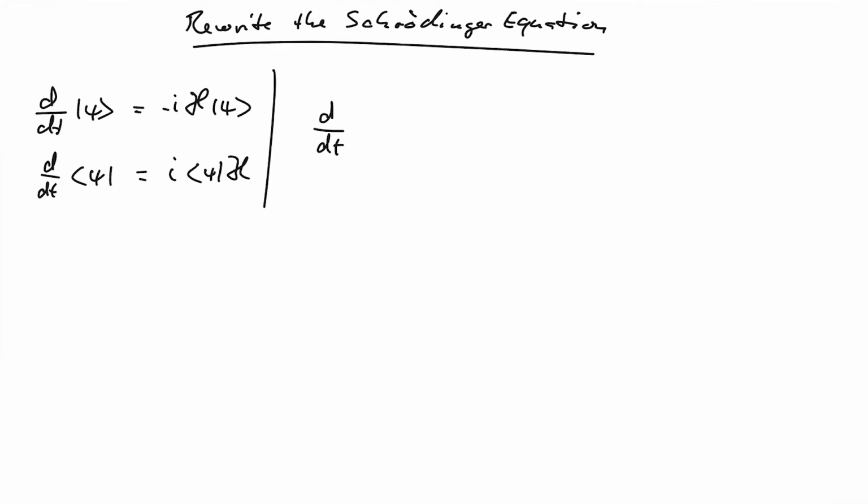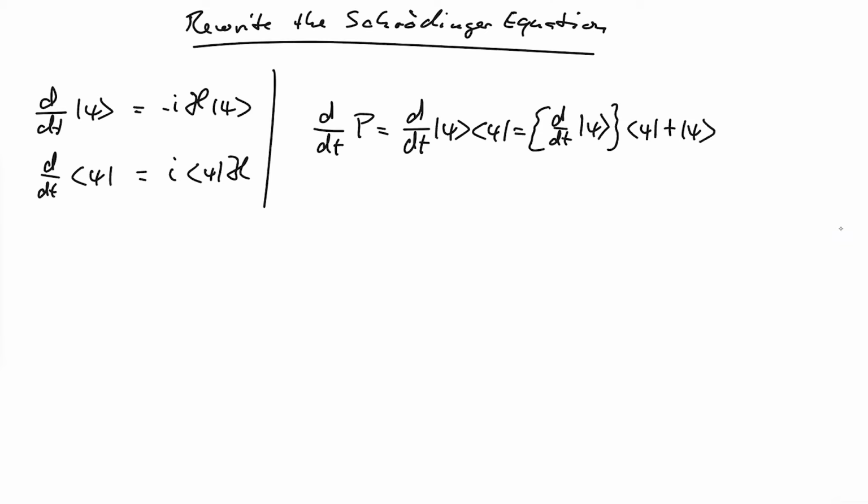Now we can simply put these two results in and write the time derivative of the statistical operator P, which of course is d over dt times the dyadic product psi ket times psi bra. And now, using the product rule, we simply can write this as d over dt psi ket times psi bra plus psi ket times d over dt psi bra.